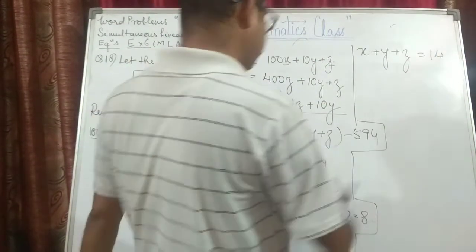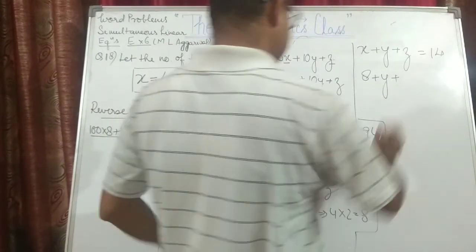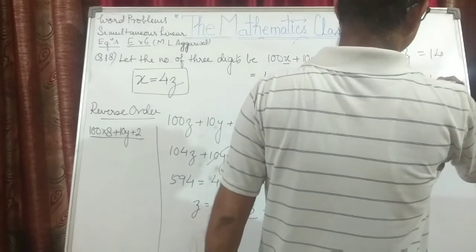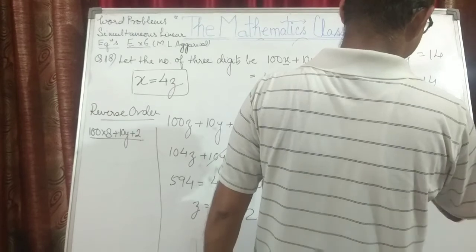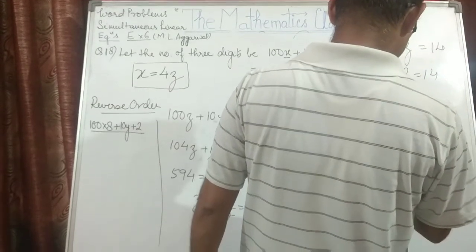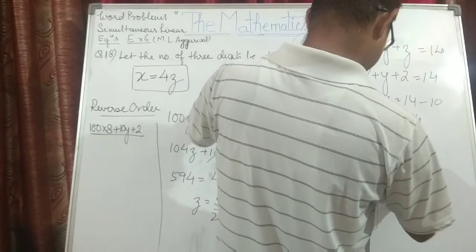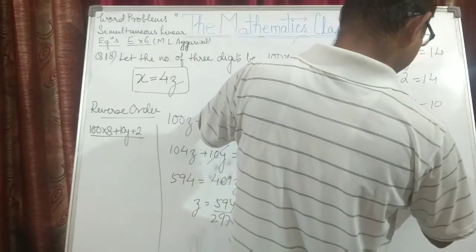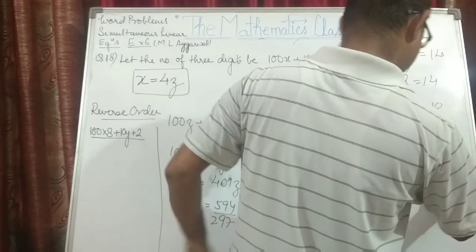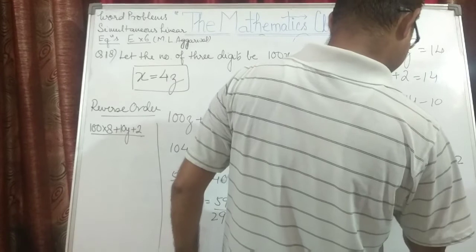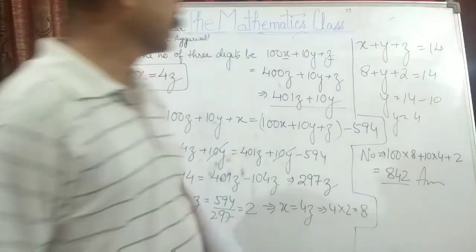I didn't read it out. Now you know the value of x is 8, plus y you don't know, and z is 2, equal to 14. So y becomes 14 minus 10, that is 4. So the number is 100 into x, which is 8, plus 10 into y, which is 4, plus z, which is 2. So 842 is the final value.